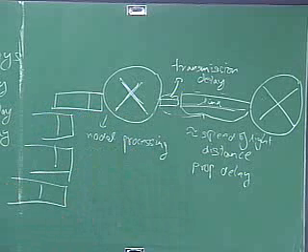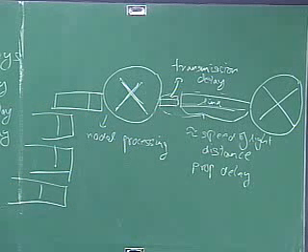So imagine a situation where you have a fast Ethernet connected to a wireless access point. The fast Ethernet is capable of transmitting data at 100 megabits per second. But the wireless access point can only send data to the next wireless hop at, let's say, 11 megabits per second.